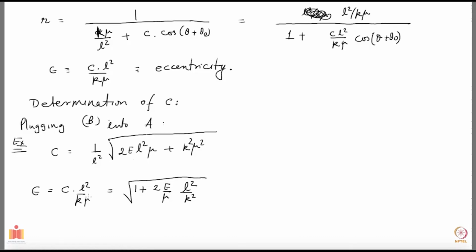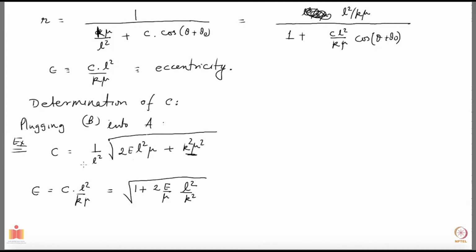We can check clearly. You can pull out K square mu square outside, which will become K mu, and the denominator is being divided by K mu, so that K mu goes away.